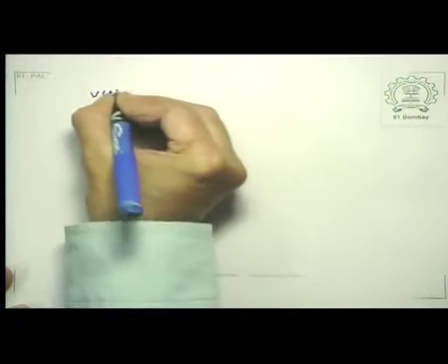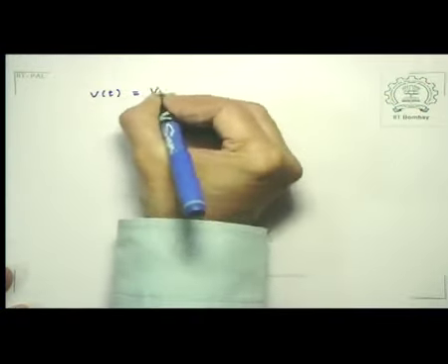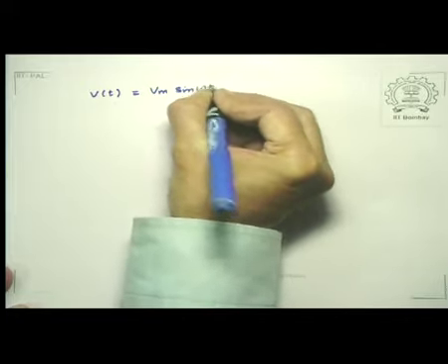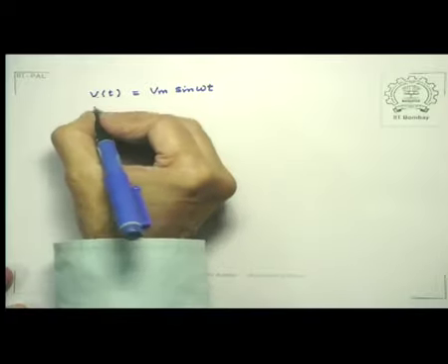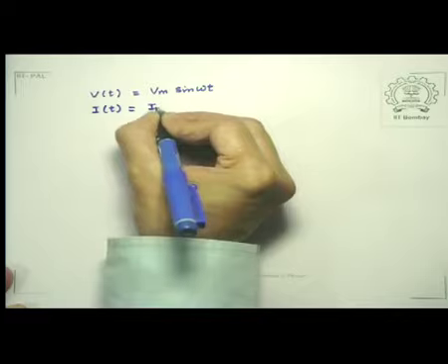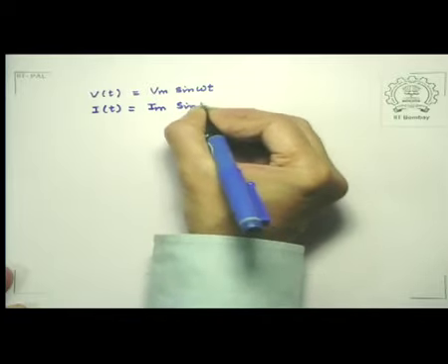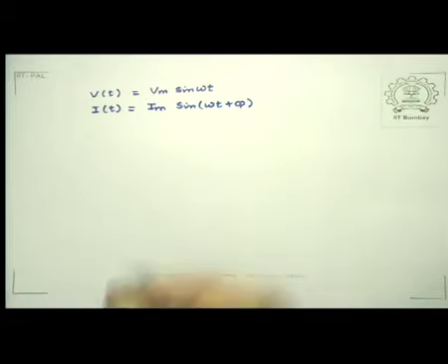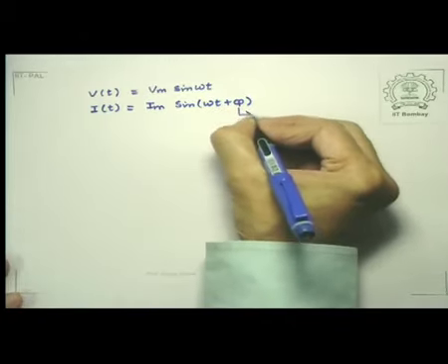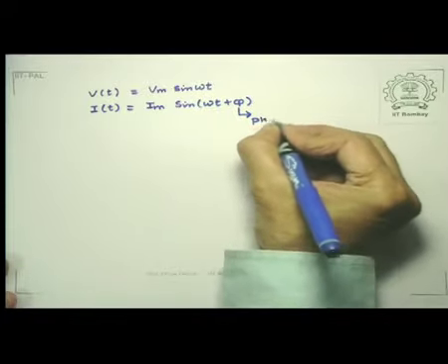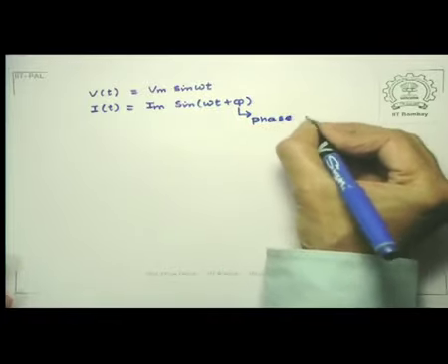In all these cases, the trigonometric variations that we talk about are the following. Let V of t be Vm sin omega t, and let me take the current I of t as Im sin of omega t plus phi. Here phi is the amount by which the current leads the voltage.